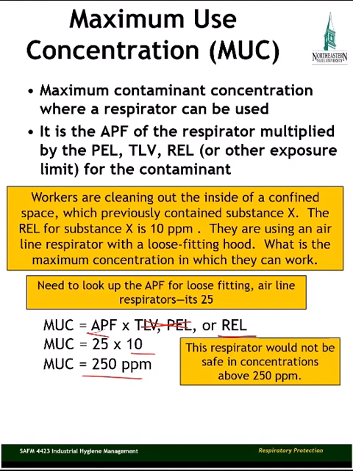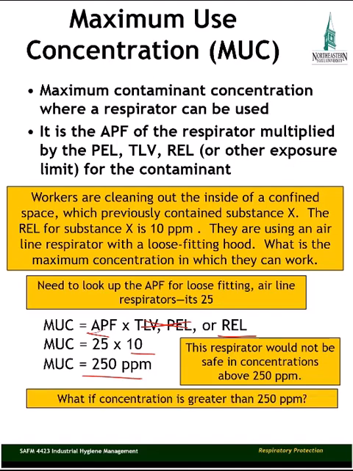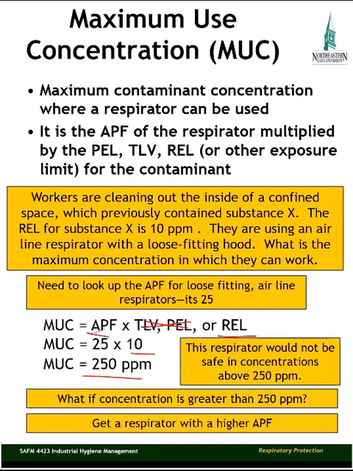So what if the concentration is greater than 250 parts per million? Well, we would need to get a respirator with a higher APF. That would solve that problem. Now, another issue we need to keep in mind with regard to the MUC: sometimes the IDLH level is less than the calculated maximum use concentration. Always go by what the IDLH level is for a contaminant.